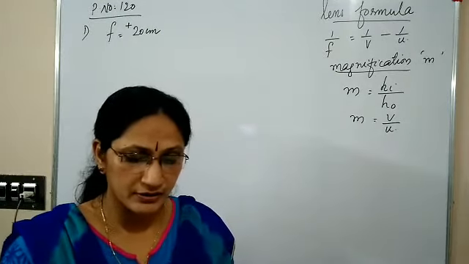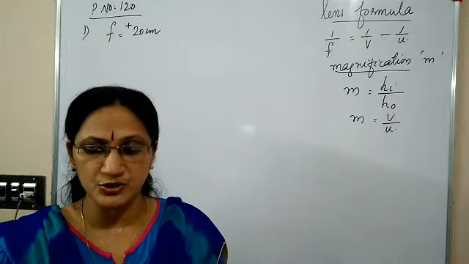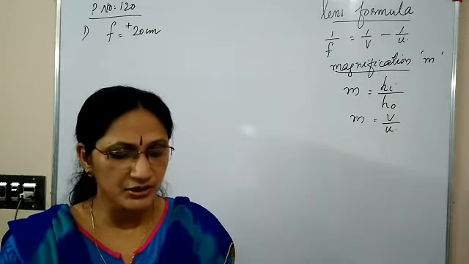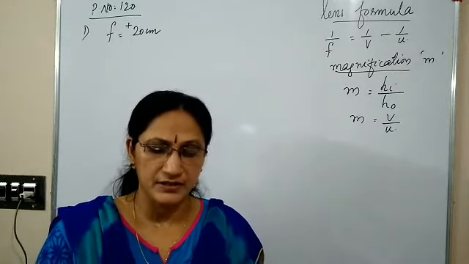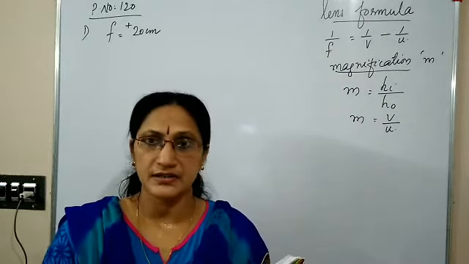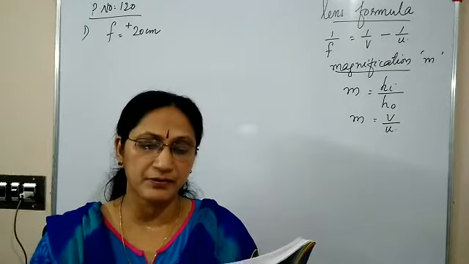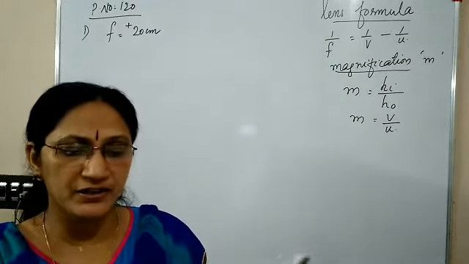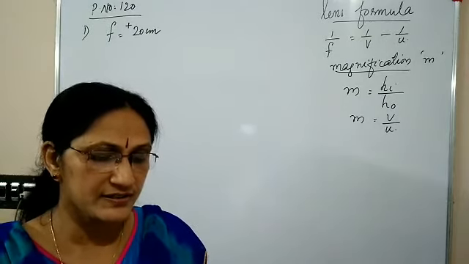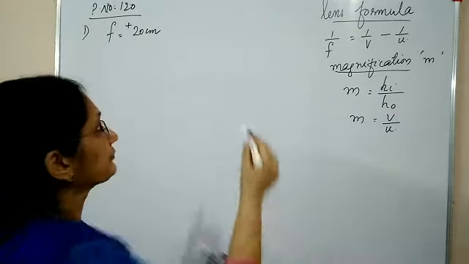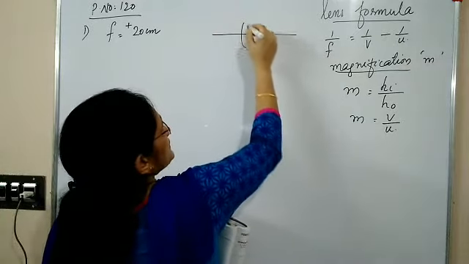Find how far away from the lens a screen is to be placed to get an image of an object placed 100 centimeter from the lens. That means, suppose here is the lens.